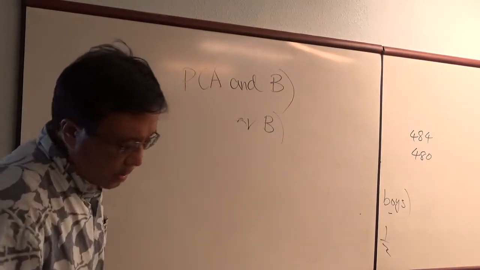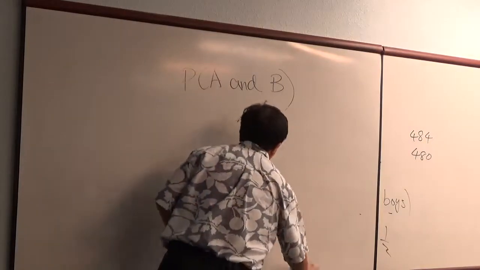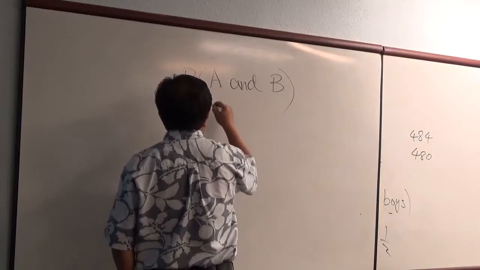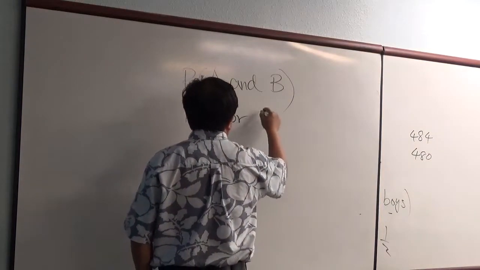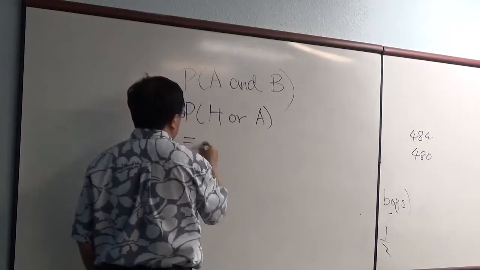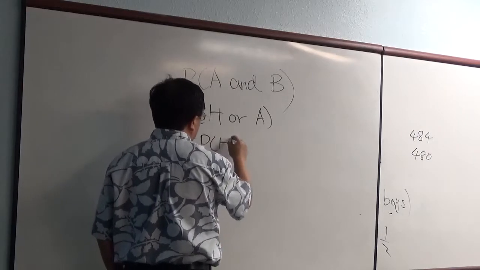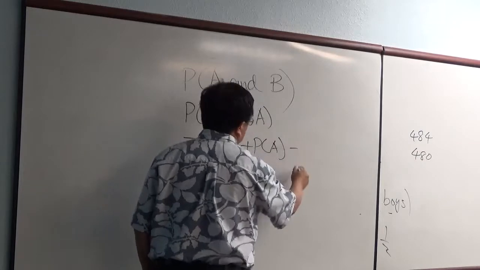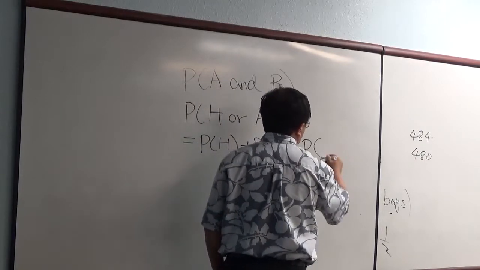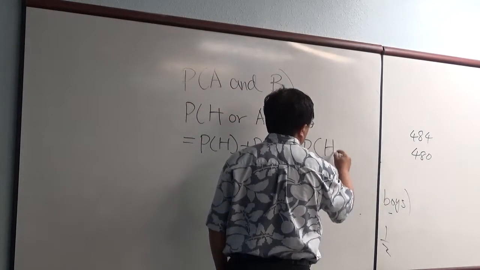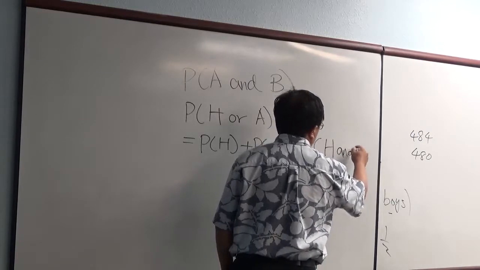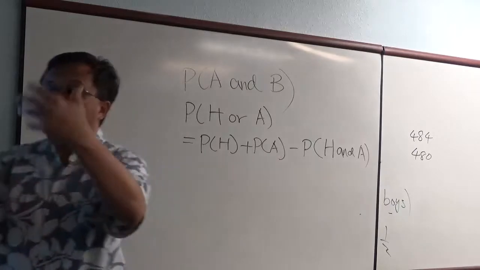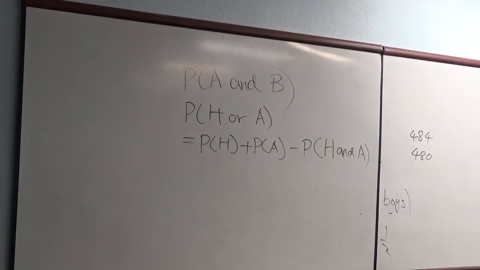So the probability of happy or agree is equal to the probability of happy plus the probability of agree minus the probability of happy and agree, according to our formula, if the two events are not mutually exclusive.